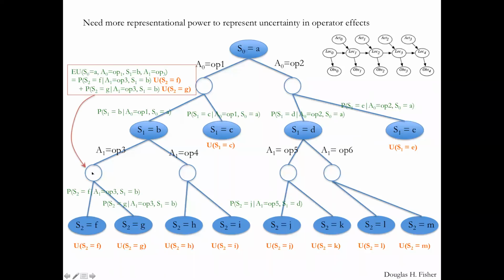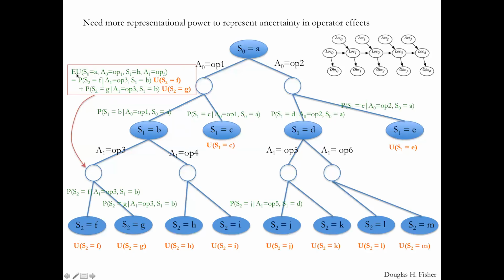We can compute, if we're considering this node and asking ourselves, what is the expected utility from this node? This node has two outcomes as illustrated here. One has a utility for F, the other outcome is G, that has a different utility. Outcome F is going to happen with a certain probability. Outcome G is going to happen with a certain probability.